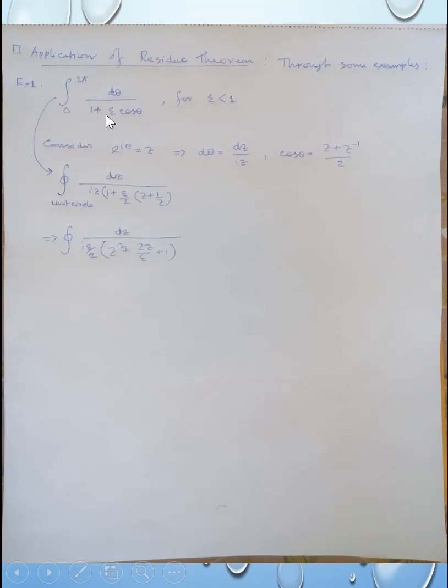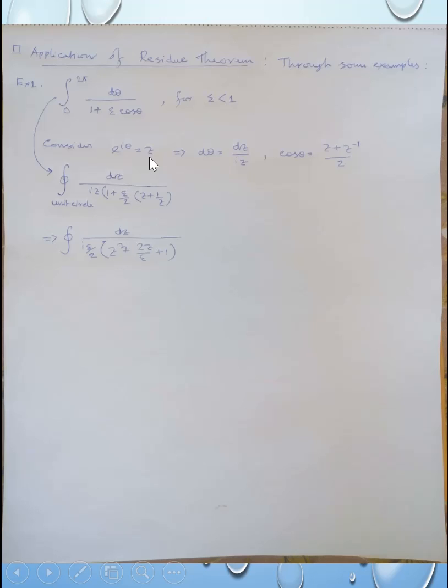In my class I have told you that if you find any trigonometric function in a main function, then you have to replace that trigonometric function by exponential i theta, z equals exponential i theta.